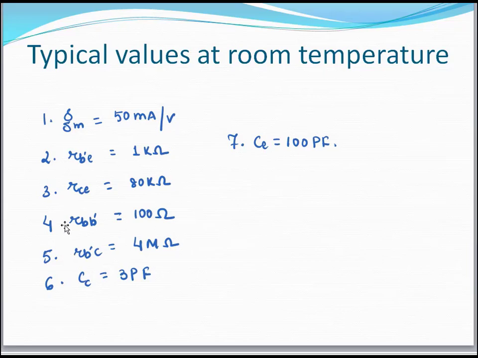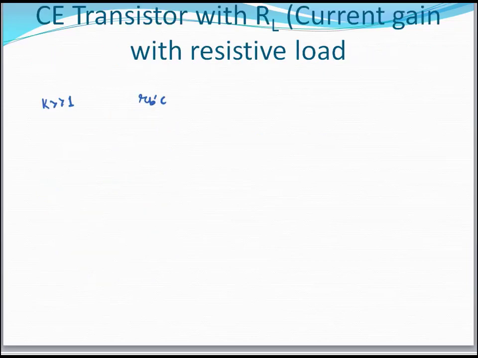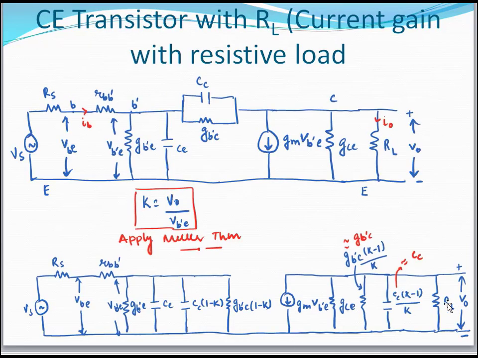So we can neglect the value of R B dash C which is in parallel at the output, because very little current will flow through it. So as compared to this, the resistive load is around 1 kilo ohm. So we can neglect this; it can act as an open circuit.